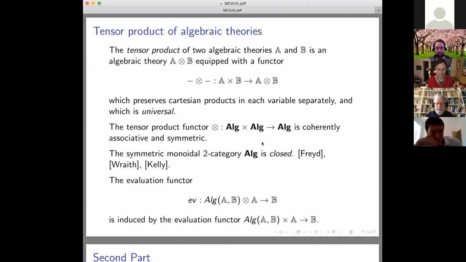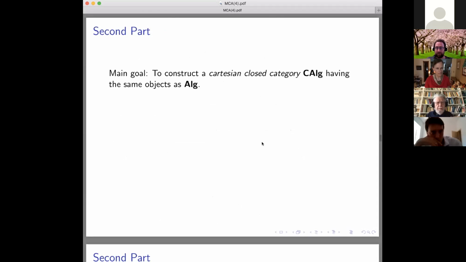And you have then a symmetric monoidal structure. Okay, so I'm describing this very quickly because I want to contrast it with the Cartesian closed structure that we are going to describe on a modification of the category of algebraic theories by introducing new morphisms.